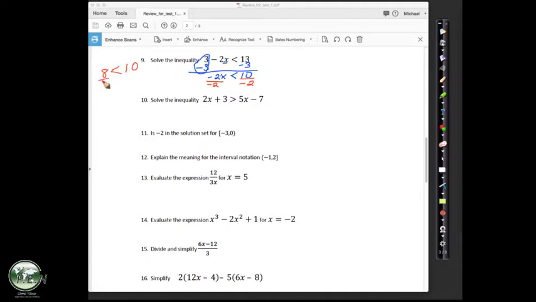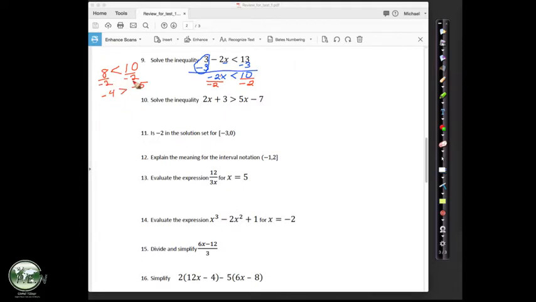What if I divide both sides by -2? 8 divided by -2 is -4. 10 divided by -2 is -5. Now which side is bigger? The -4 is actually bigger than -5. It's less negative. Does that make sense? So the inequality has to flip.